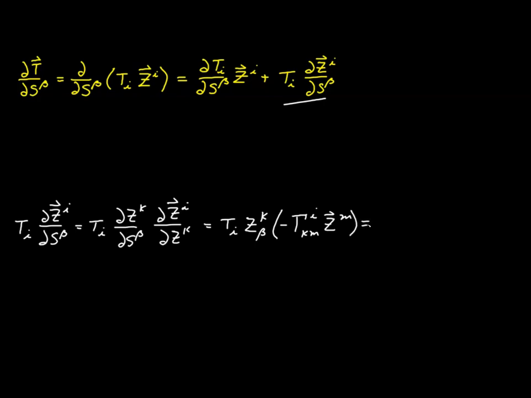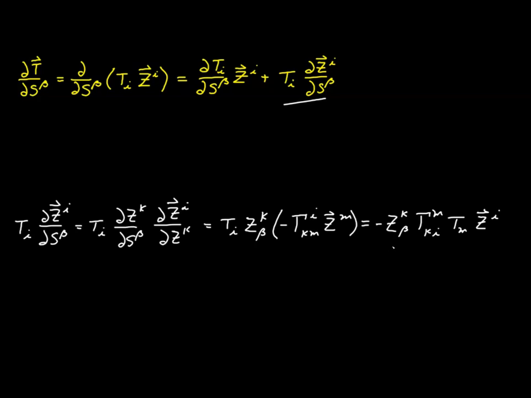All right, so now we'll rearrange some terms and do some index renaming here. So this is negative zk beta times gamma m ki tm times zi. So I'm sure you recognize that I've renamed m to i and i to m.